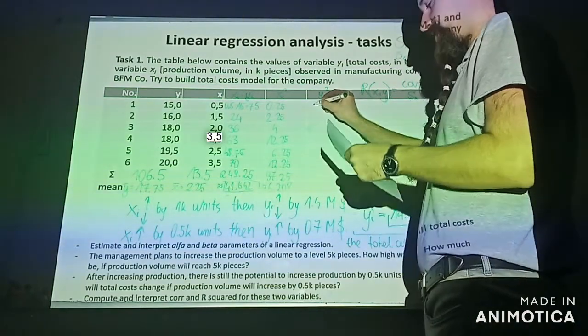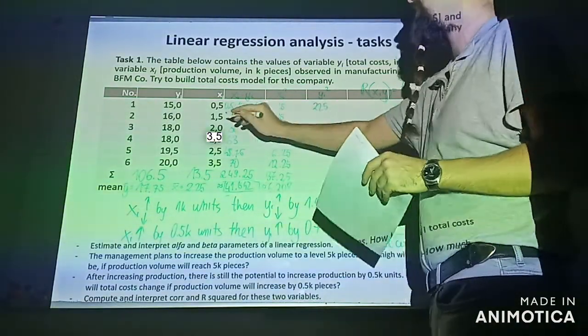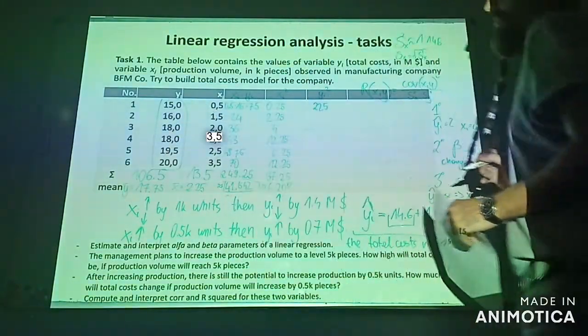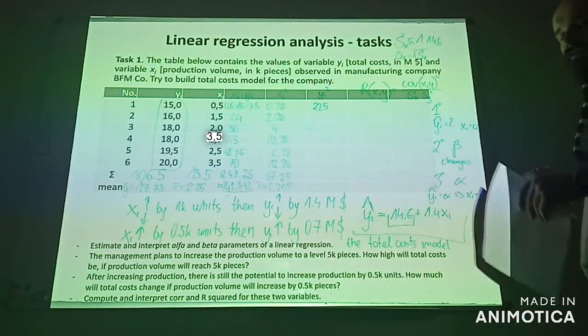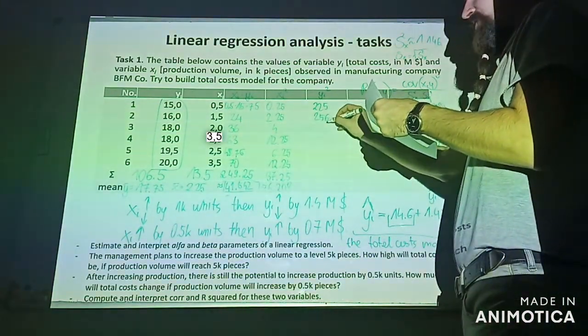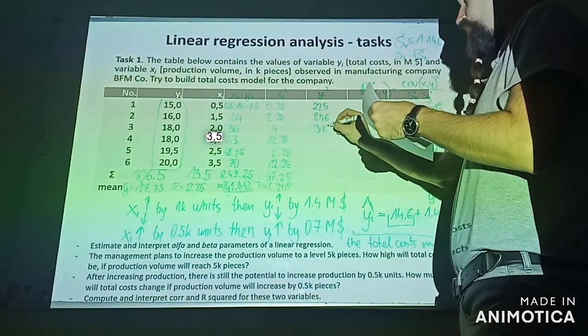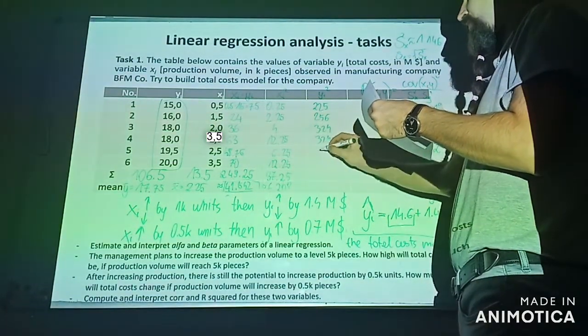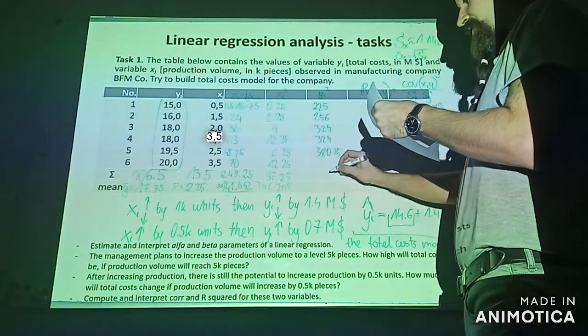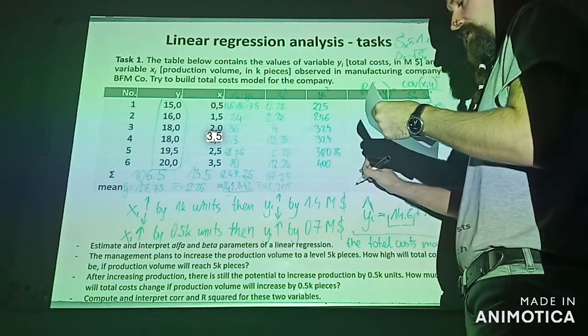And we have quickly 2, 2, 5. I raise this column to the second power. 2, 5, 6, 3, 2, 4, 3, 2, 4, 3, 8, 0, 25, and 400.